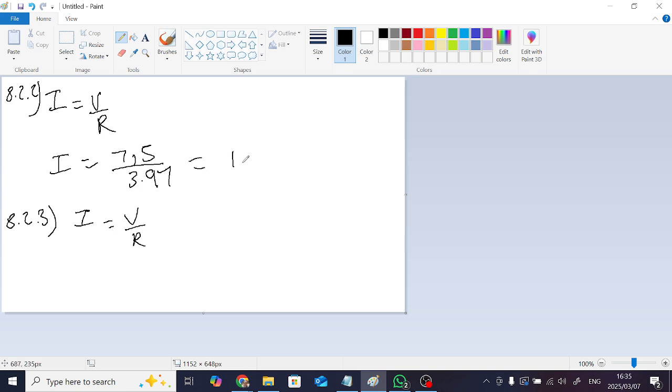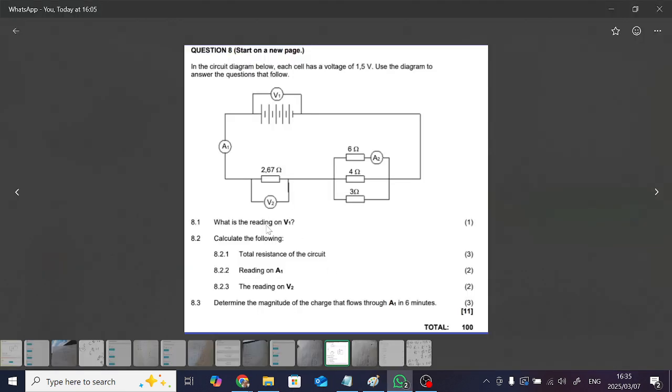The current in the circuit is 1,88 amps. Next, we need to find out what is the voltage. The reading in voltmeter 2 is over there. What is the voltage over here?